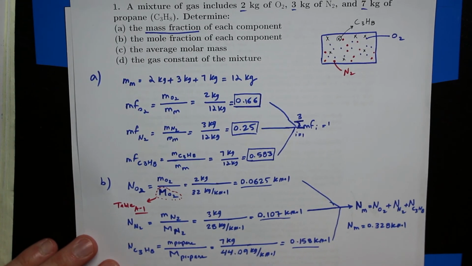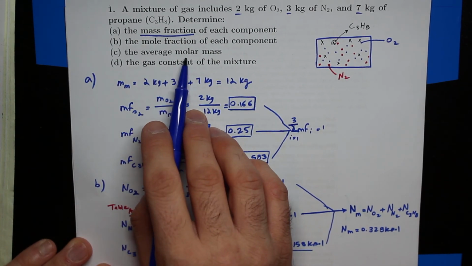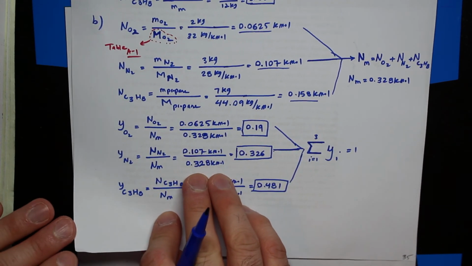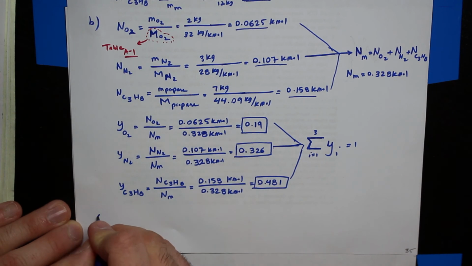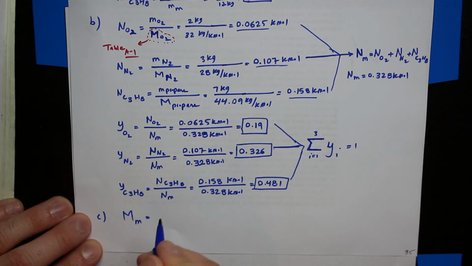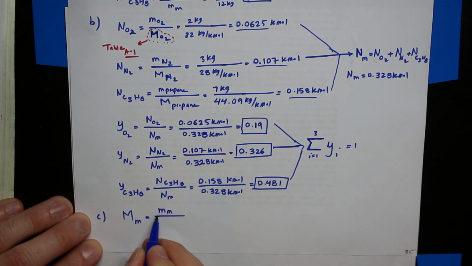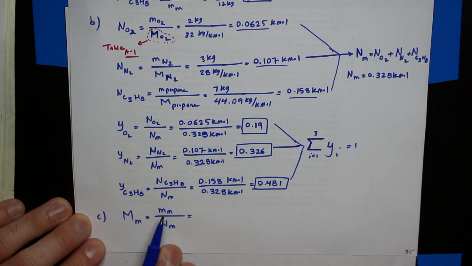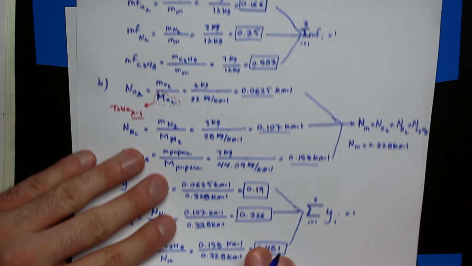In part C, the question is asking for the average molar mass. In order to find the average molar mass, or the molar mass of the mixture, I'm using this correlation. The molar mass of the mixture is equal to the mass of mixture, lowercase m, divided by the total number of moles within the mixture. I know that the mass of mixture is 12 kilogram. This is what I found at the very beginning.